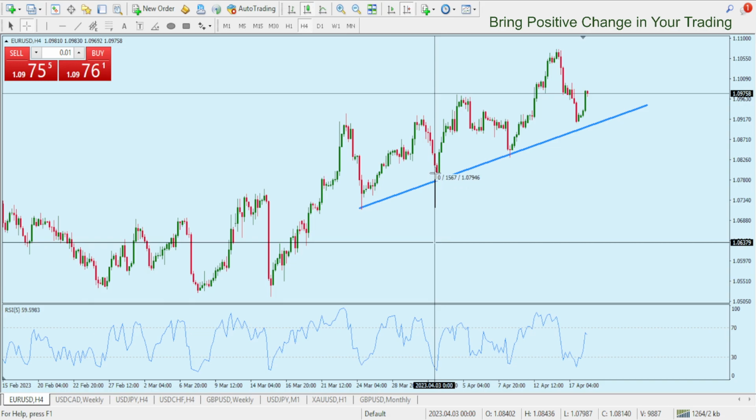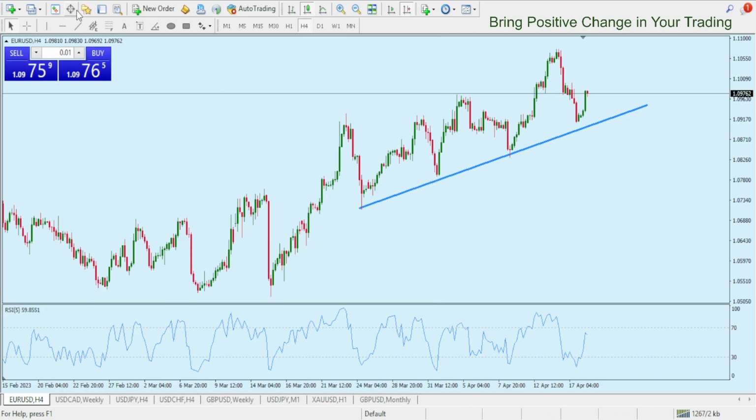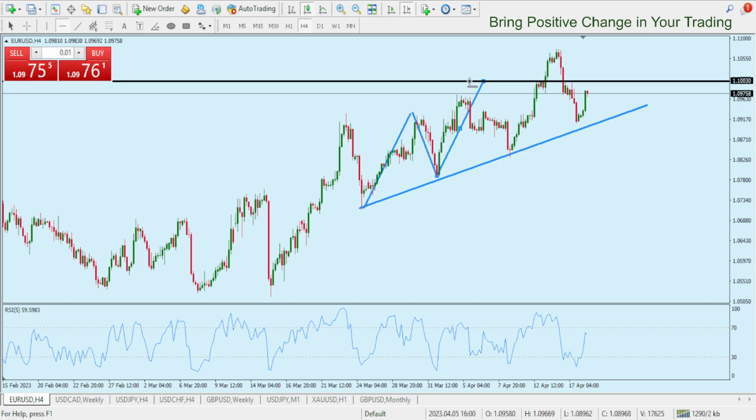This is a 61.8 of this impulsive wave. Let me actually complete this so that you can easily understand it, and you can memorize this pattern, because it will help you. Mark my words, note it down. It will help you in the future.